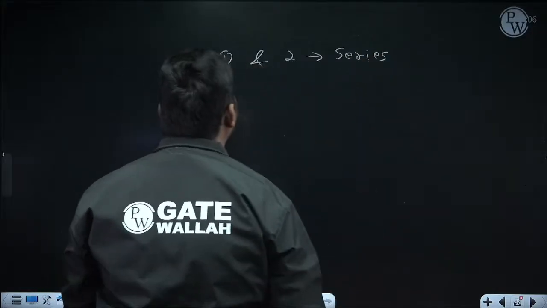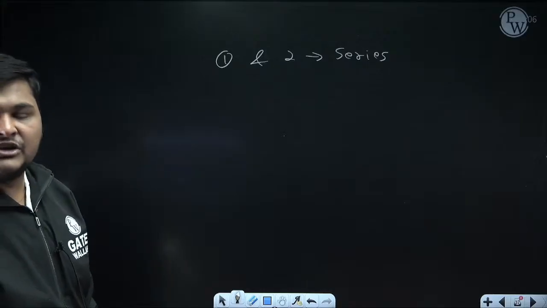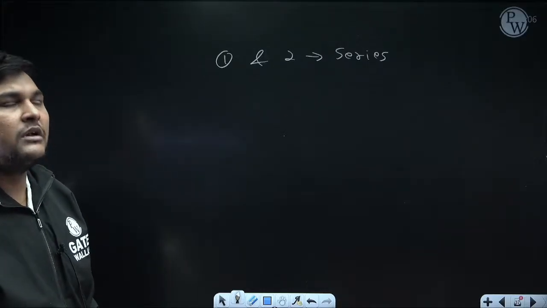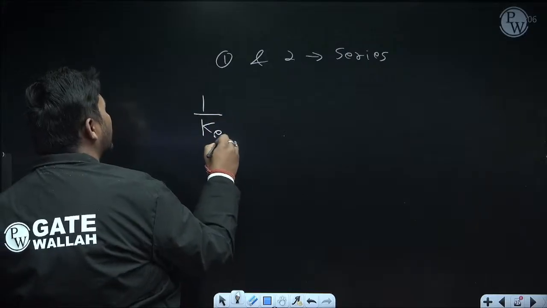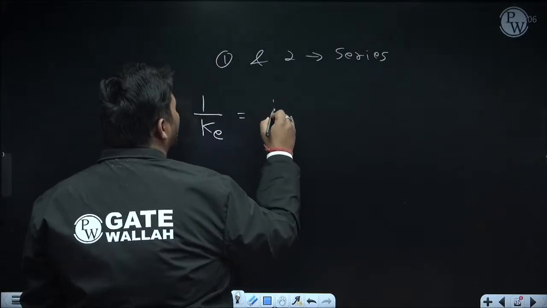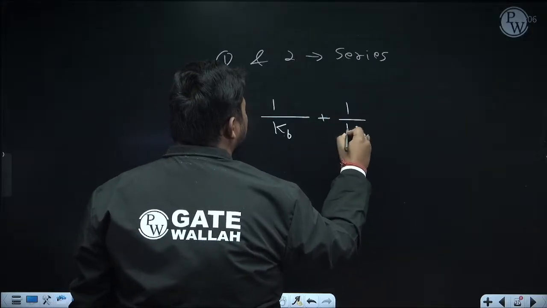They are in series, meaning they have an end-to-end connection, and for an end-to-end connection, to calculate K equivalent we use the reciprocal formula. So suppose their equivalent stiffness is K, which is the overall K equivalent. So 1 upon K equivalent will be equal to 1 upon K1, which is KB, plus 1 upon K2, which is K. It is given in the question.